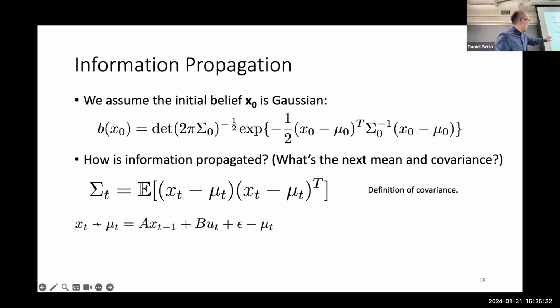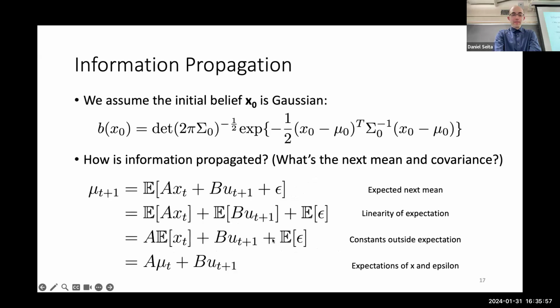Now the x_t minus mu_t, if you remember from the prior slide, we can express it like this. What we did here is we substituted this thing here. If you remember, mu_{t+1} is A mu_t plus B u_{t+1}.